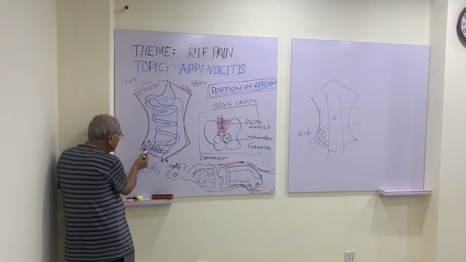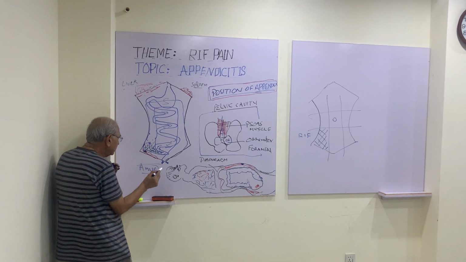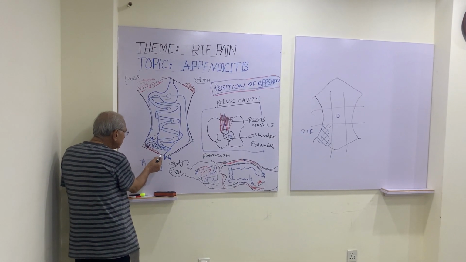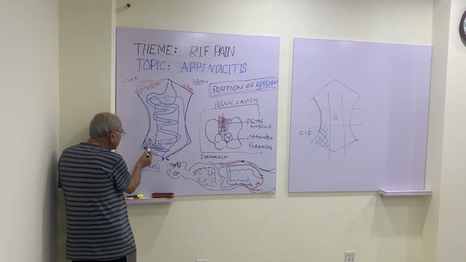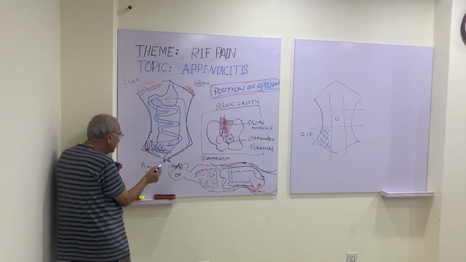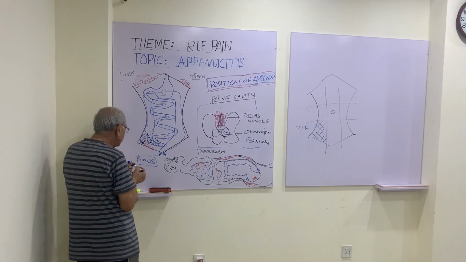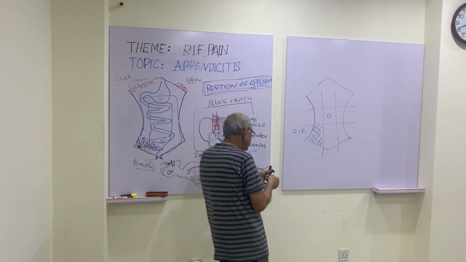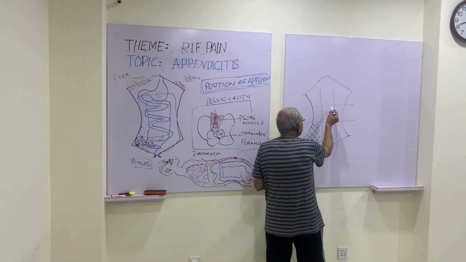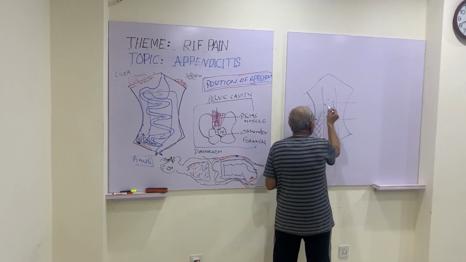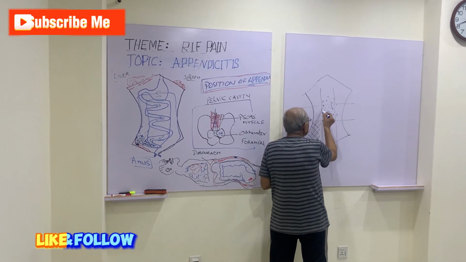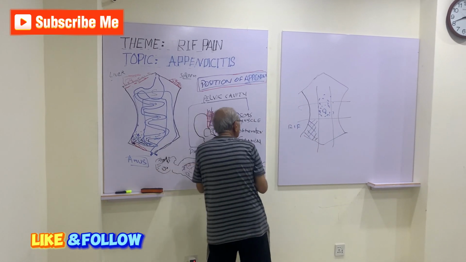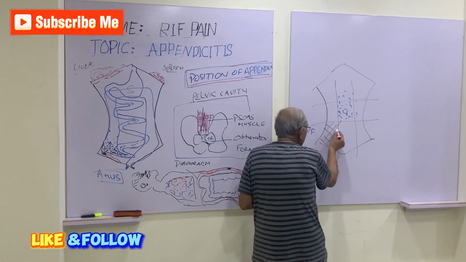But as we said in our previous lecture, if it is blocked here, this whole place becomes red and the appendix becomes hot, red and inflamed. We also said that the pain usually starts in this region and later shifts to the right iliac fossa.